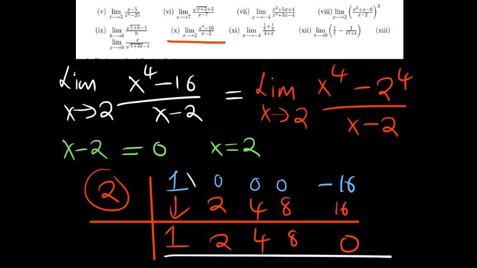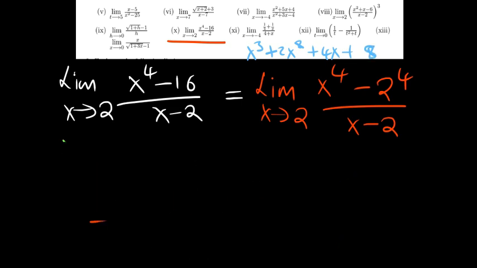Since we had started with the power 4, this will be the power 3, the power 2, the power 1, and the power 0 as a constant. So what we have after dividing is x to the power 3, 2x squared, plus 4x, plus 8. You can use long division if you want.